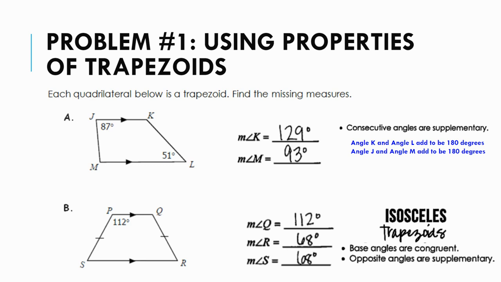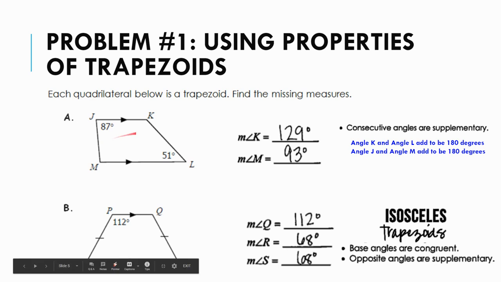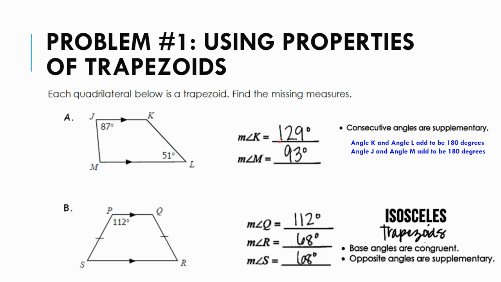It says for each quadrilateral below that is a trapezoid, find the missing measures. So the first one, number A, is a non-isosceles trapezoid. I know that because JM is not congruent to KL. The first thing it asked me to do is to find the measure of K. Technically, I know that these two angles are the consecutive angles in between the parallel lines, and they have to be supplementary.